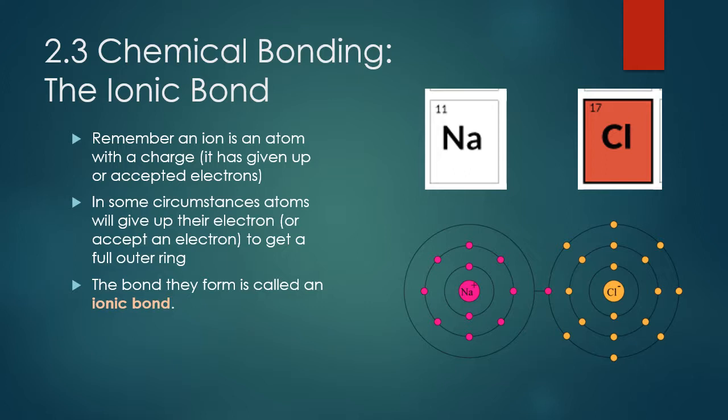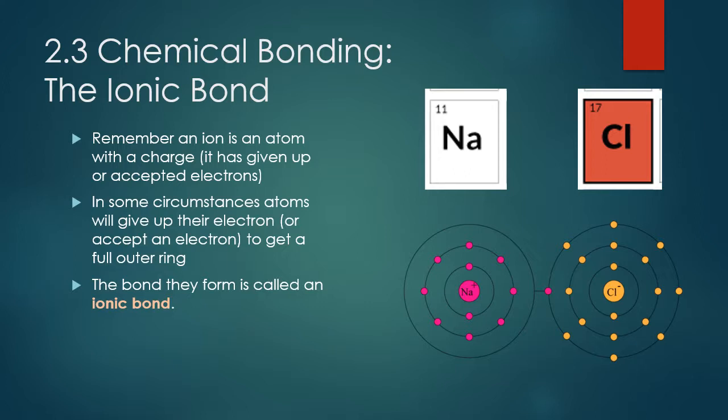So they like to come together to do that exchange of electrons, and the bond that they form when they come together is called an ionic bond because now sodium has become positive from giving up that electron. So it gave up a negative, so it becomes more positive. Chlorine accepted a negative, so it becomes more negative. So each of these is now an ion, and they formed an ionic bond.